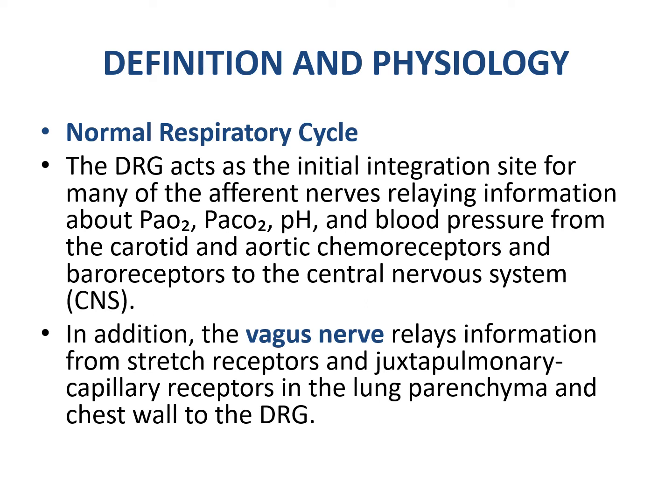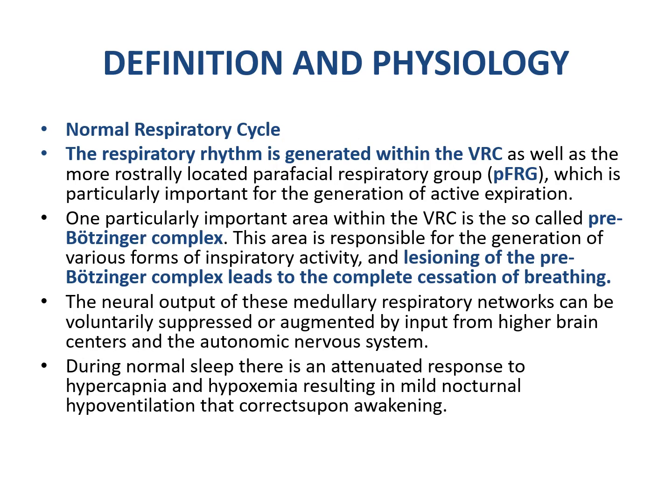The DRG acts as the initial integration site for many of the afferent nerves, relaying information about PaO2, PaCO2, pH, and blood pressure from the carotid and aortic chemoreceptors and baroreceptors to the central nervous system. In addition, the vagus nerve relays information from stretch receptors and juxtapulmonary capillary receptors in the lung parenchyma and chest wall to the DRG.